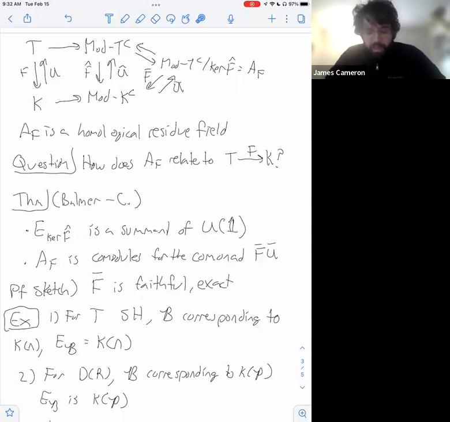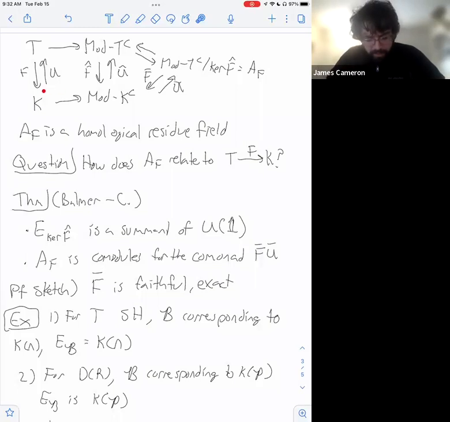So for example, if I'm looking at the residue field corresponding to the Morava K-theories in the stable homotopy category, this K is the homotopy category of modules for these Morava K-theories. But then it's just the category of graded modules for the homotopy of the Morava K-theories, which are a graded field. And even more simply for the derived category of a ring, this K is the derived category of the residue field, so it's just graded modules over the residue field.